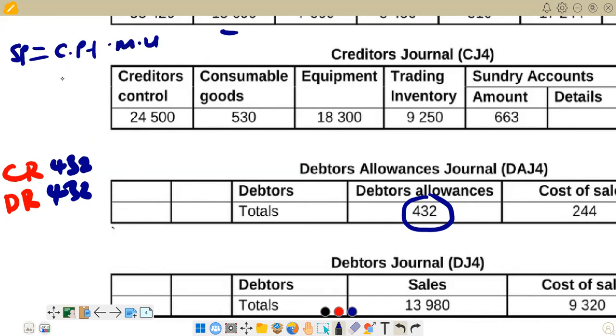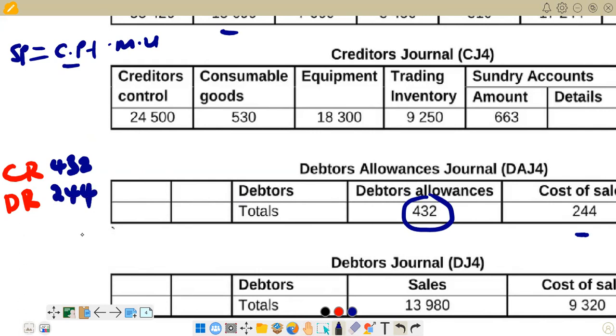So the amount that is going to affect the trading stock is only the cost price, and the cost price is 244. So what is going to be debited to the trading stock is not 432, but 244. So that's the correction that we have there.